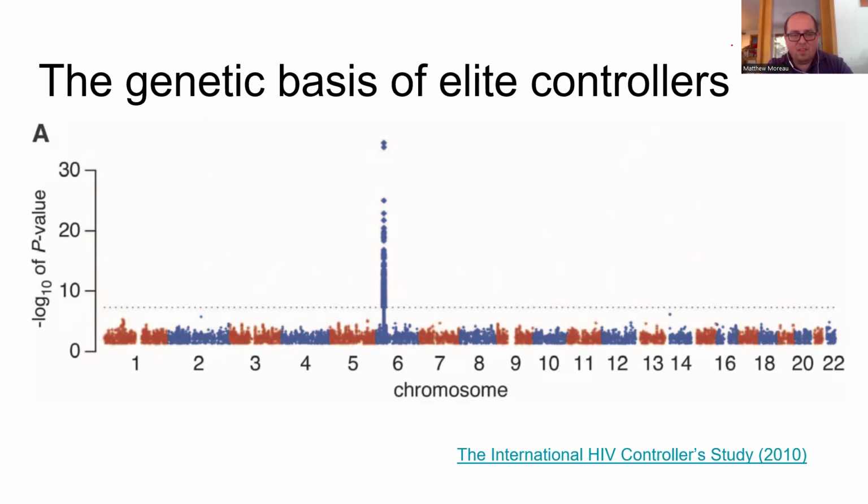We look again at the signal to noise ratio, and from that standpoint, here is our chromosome 6 allele, and it has a significant number of hits that rise above that threshold of 10 to the minus 8.2, right?